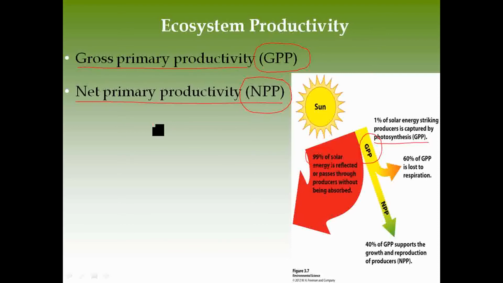So now you can sort of see where we get the word from. Net primary productivity is the gross minus what gets used by the organisms in the ecosystem. So gross is the total amount of glucose minus the glucose that gets eaten or used up. So it's the energy that's left over.